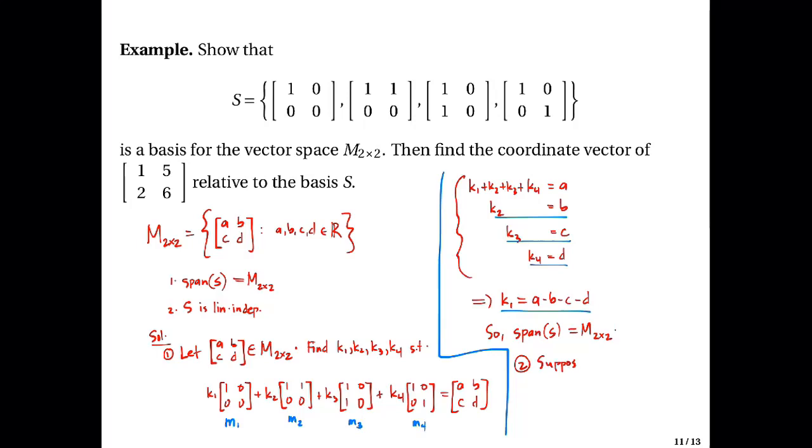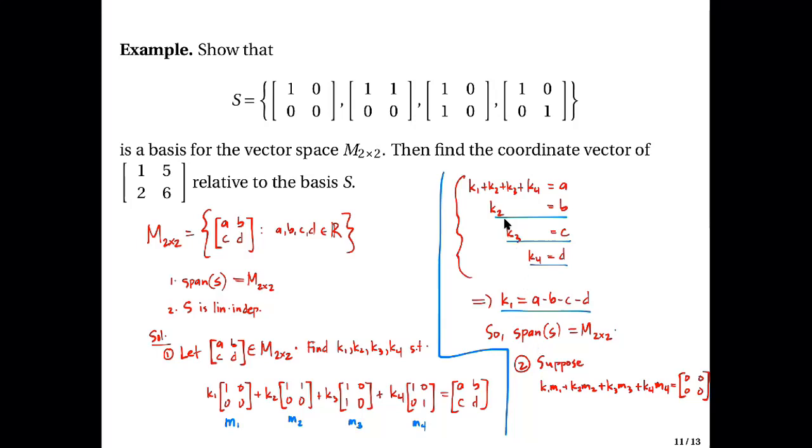So suppose K1 M1 plus K2 M2 plus K3 M3 plus K4 M4 equals the zero matrix, 0, 0, 0, 0. This is your zero vector. We want to solve for K1, K2, K3, and K4.